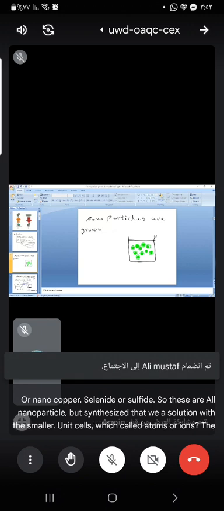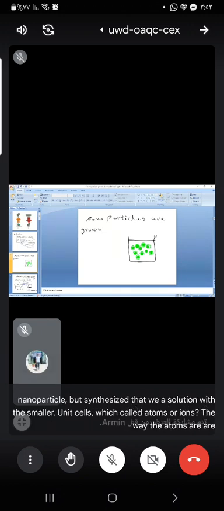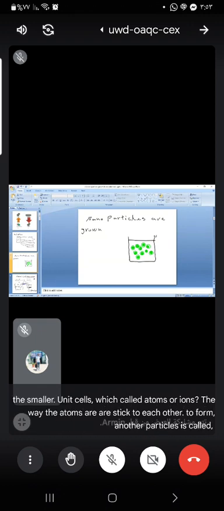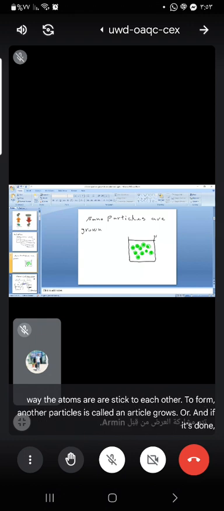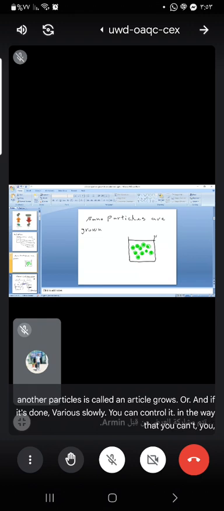The way the atoms stick to each other and grow to form nanoparticles is called nanoparticle growth, and if it's done very slowly, you can control it so that you will have nanoparticles.